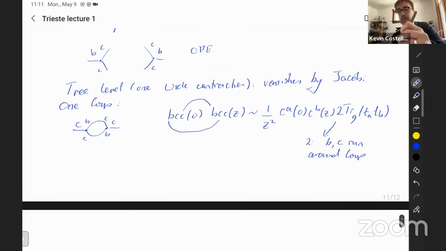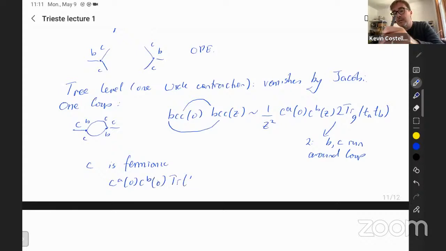So let's take this expression. We notice C is fermionic. C^A(0) C^B(0) trace T^A T^B is equal to 0 because this expression here is symmetric.